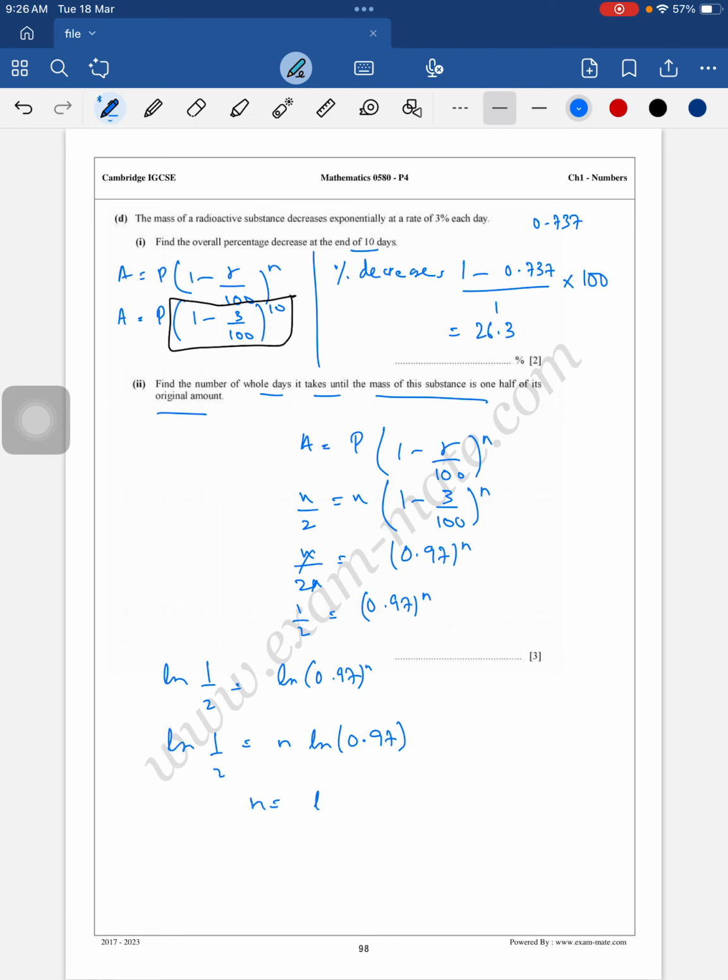So n is equal to ln 1 upon 2 upon ln 0.97, which is 22.75. So the complete days is 23.